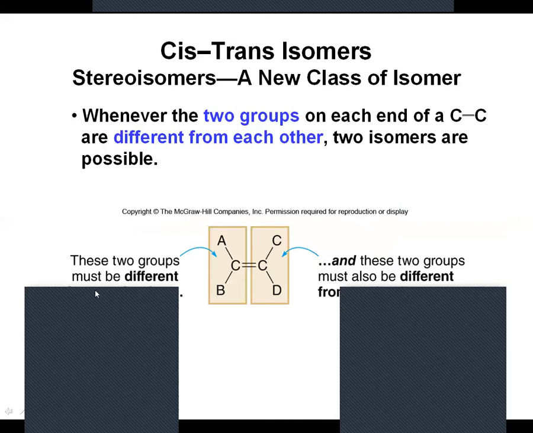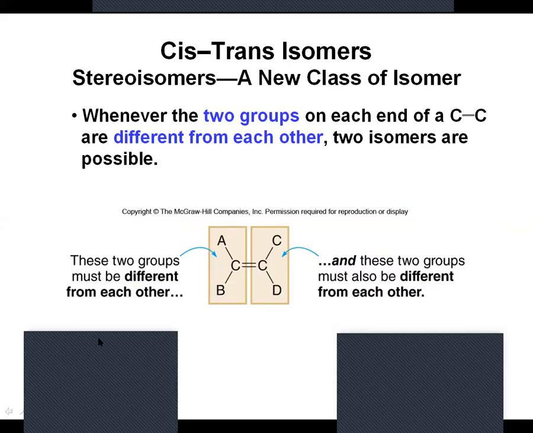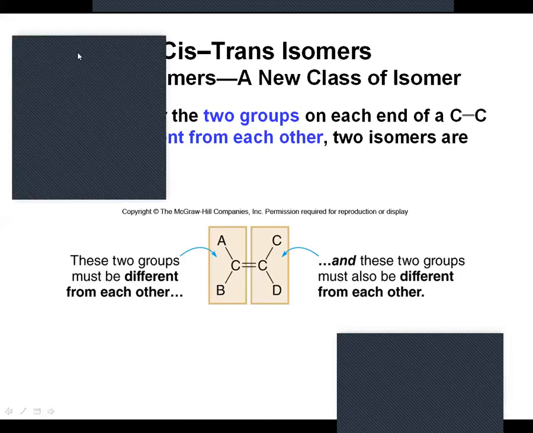So again, this is maybe a better diagram of what I was just trying to explain, but those are the two things that you need to look for to know if it can exist. So there is a case where you will get a double bond and you cannot have a cis or trans isomer. What we see on the screen here is what I was just talking about. This is what you need to look for to make sure that a cis or trans isomer could exist.